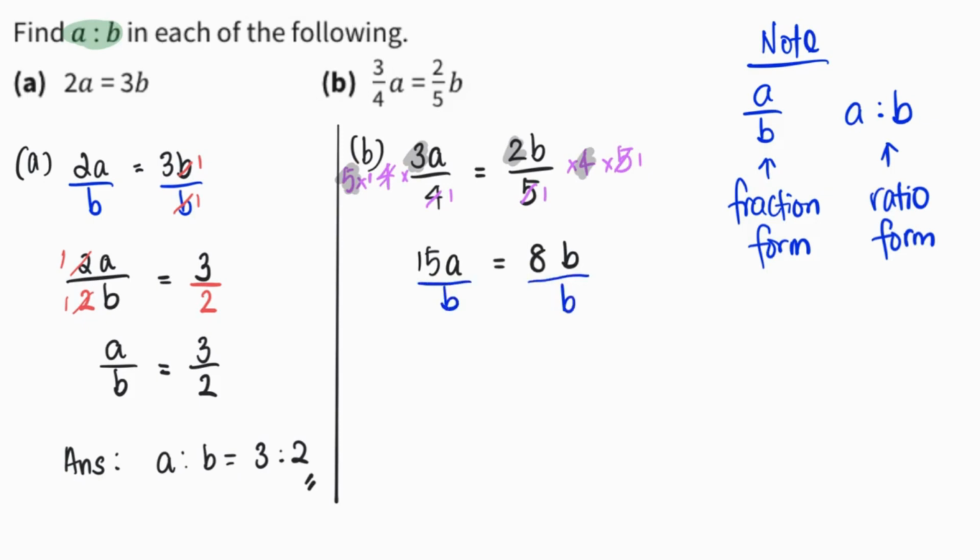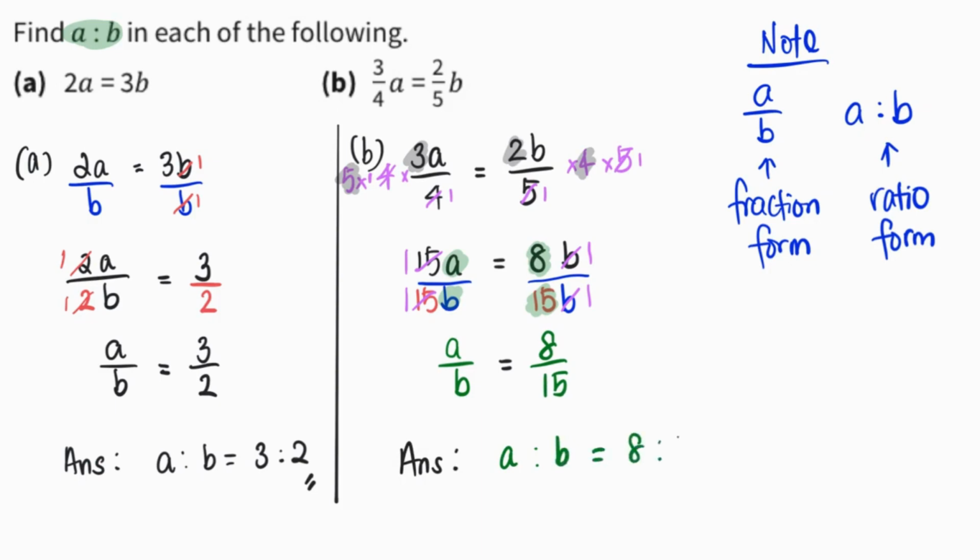I am going to also divide by 15 on both sides so that b divided by b equals to 1, 15 divided by 15 equals to 1, and I'm left with a over b equals to 8 over 15. So that we will be able to get from here our final answer, 8 is to 15.